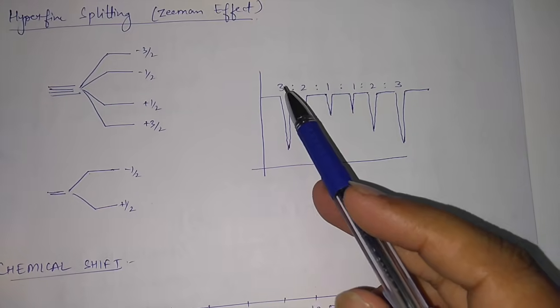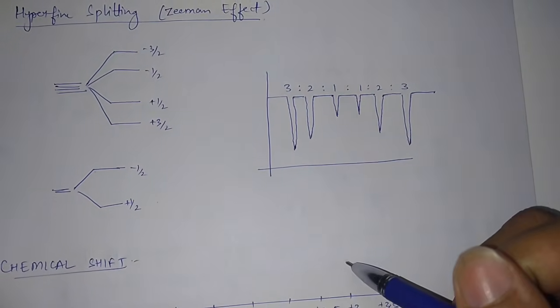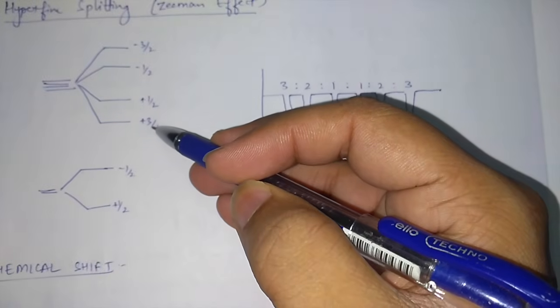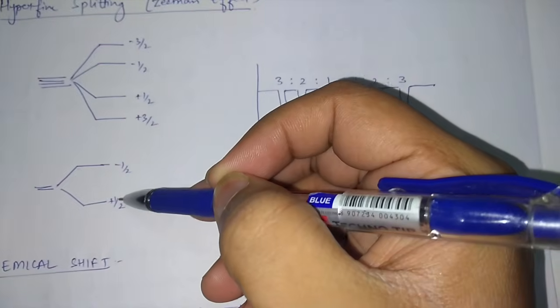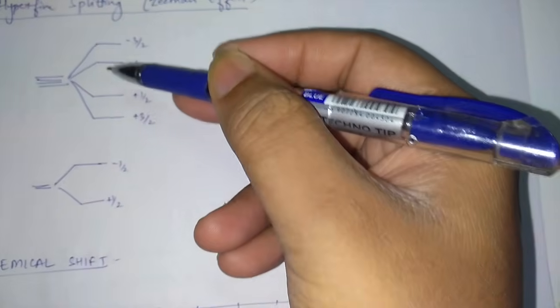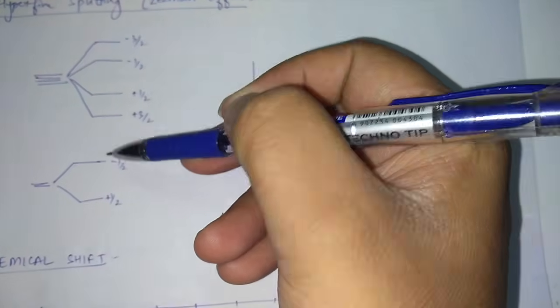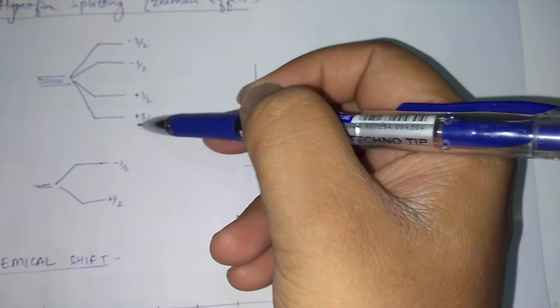These intensity ratios depend on the energy difference between these two, right? See how the transitions will be: from plus half to plus 3 by 2, then plus half to plus half, and plus half to minus half. Plus half to minus 3 by 2 transition will not take place because now the difference is more than 1. Similarly minus half to plus 3 by 2 will not take place.